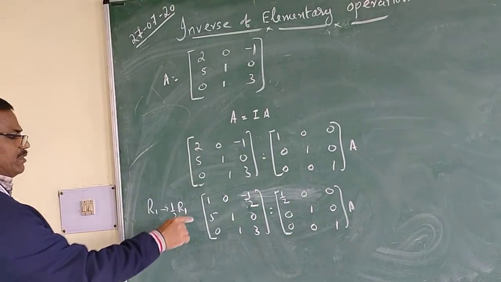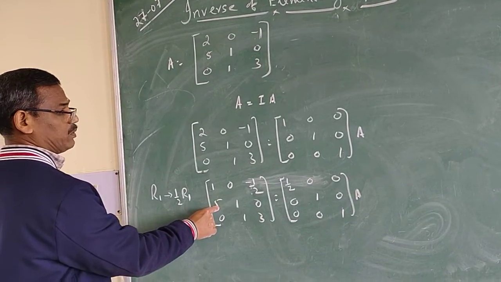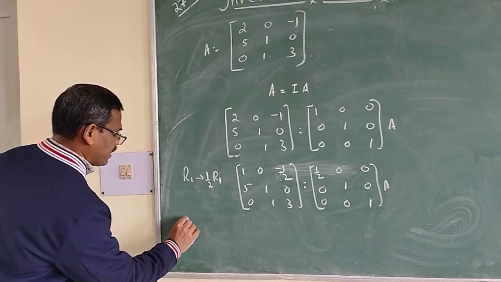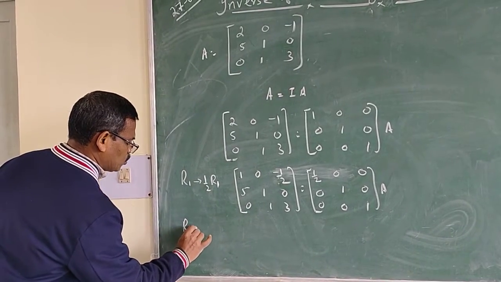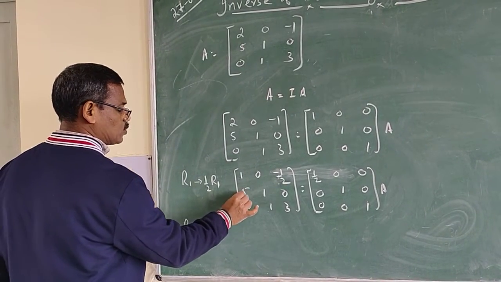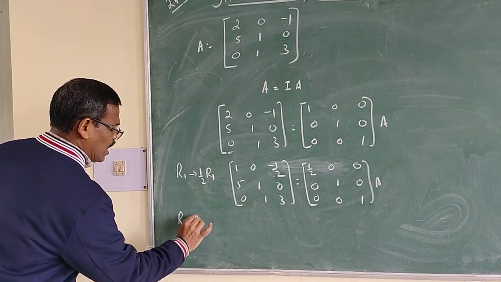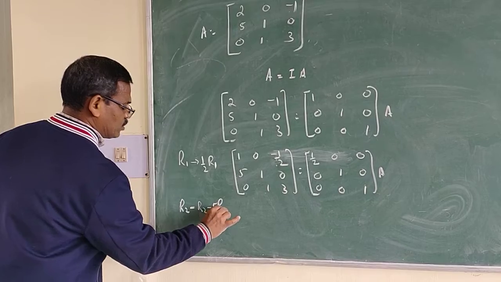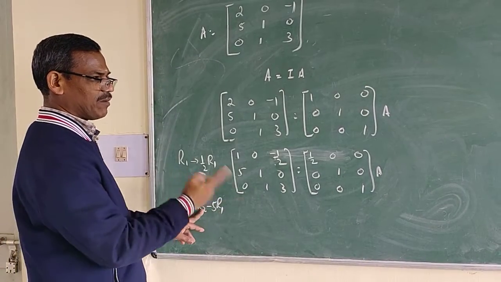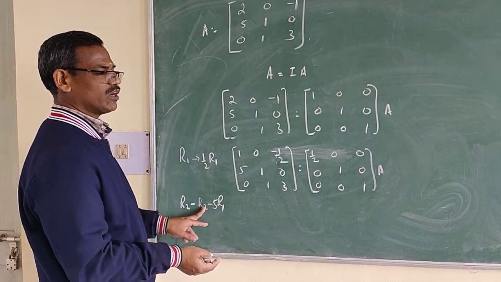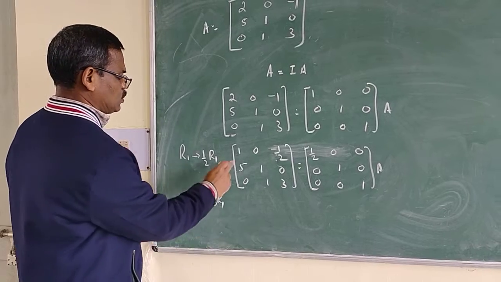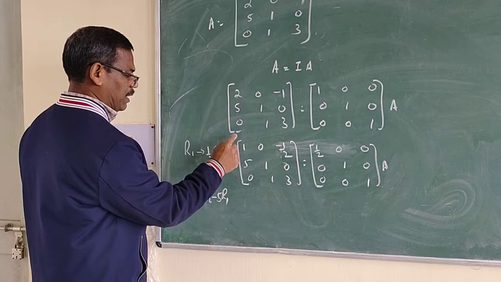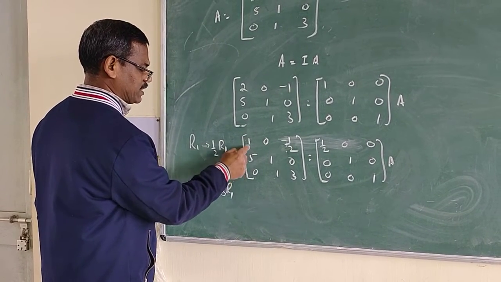Next step, I am trying to make this 0 because for an identity matrix this element should be 0. So how can I convert R2? I want to change this R2 element as 0. So R2 is R2 minus 5R1. To any row, a scalar multiple of another row can be added or subtracted. So to convert this into 0, I am multiplying here by 5 and subtracting.